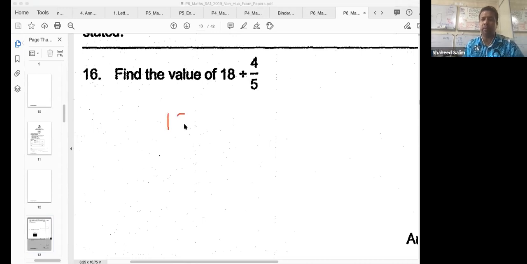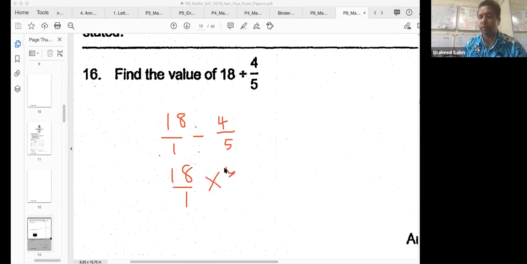So 18 over 1 divided by 4 over 5. Now you change it to times. 18 over 1 times 5 over 4. Now you can only divide this by 2.